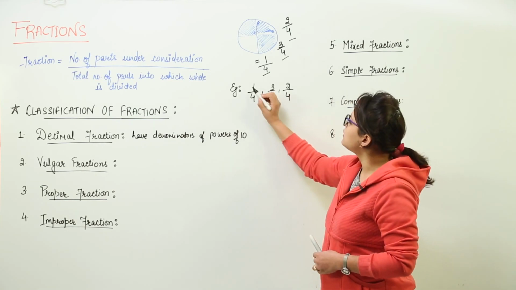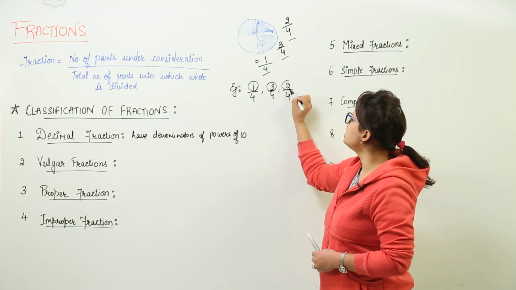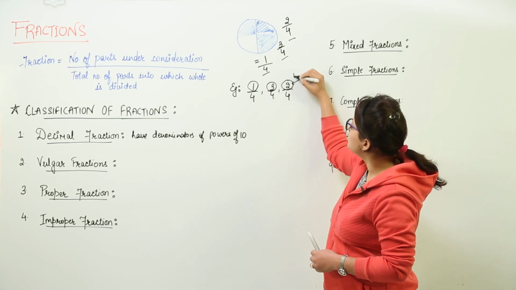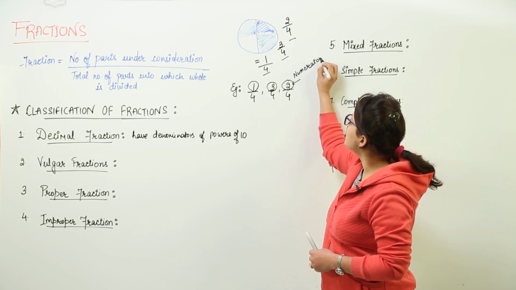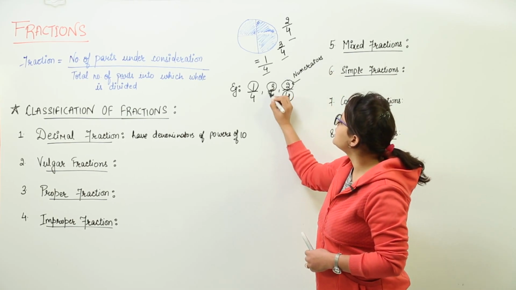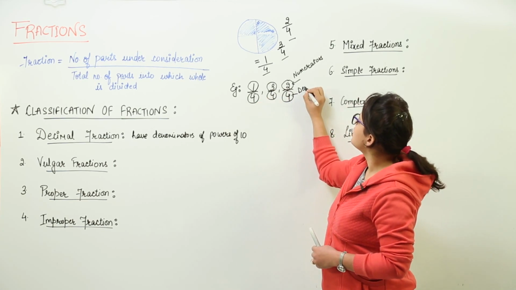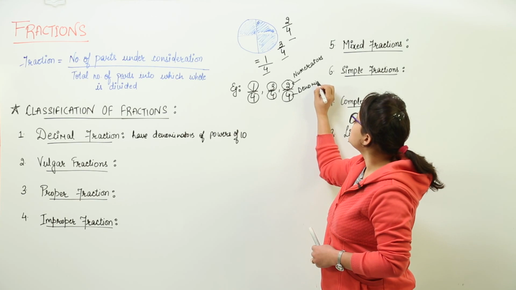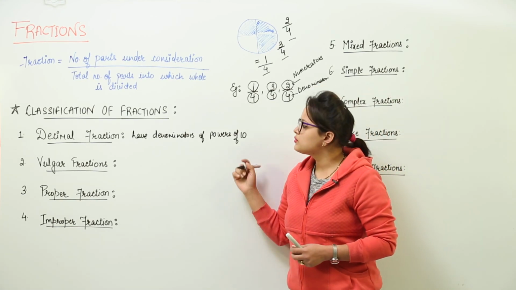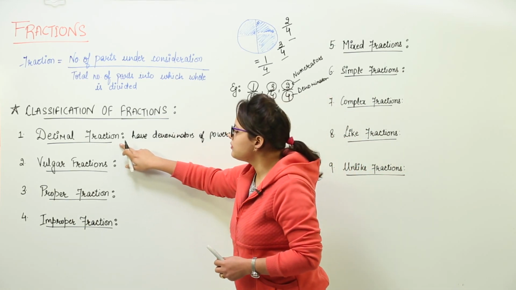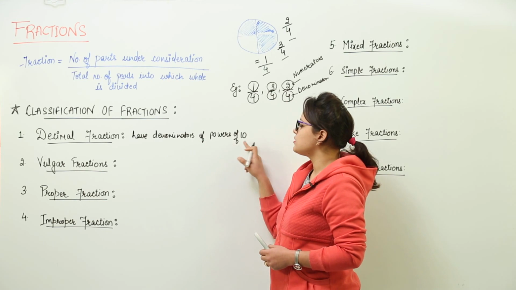The upper part written above, all these are known as the numerators of the fraction, and the ones that are written below this bar are known as the denominators, right? So, the upper one is the numerator and the lower one is the denominator. So, now as I told, the decimal fractions are those fractions that have denominators of powers of 10.